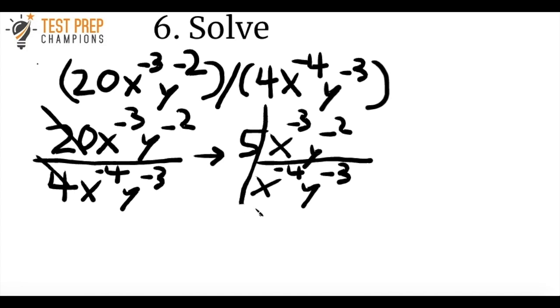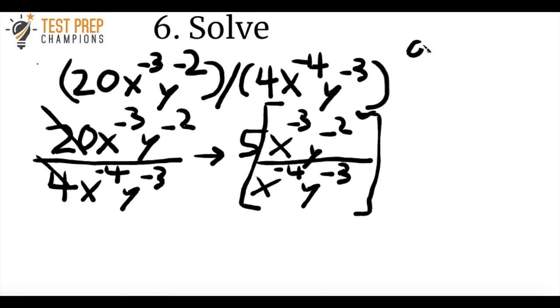Let's not worry about the 5 right now. Let's just focus on everything inside of the brackets, zeroing in on a certain part of this question. We're not going to forget that the 5's out here, so we'll have to remember that we have that 5. But for right now, let's just zoom in on what's going on inside of the brackets. There's an important exponent rule to understand here.